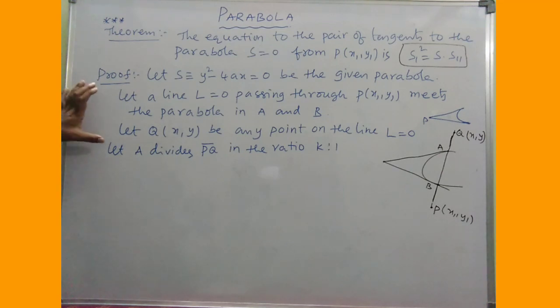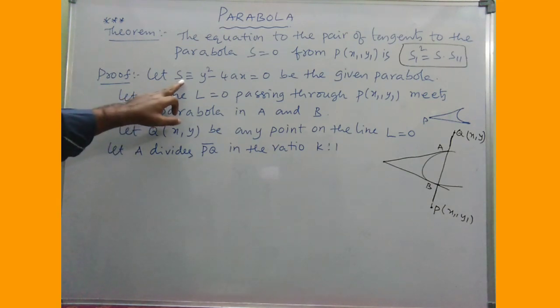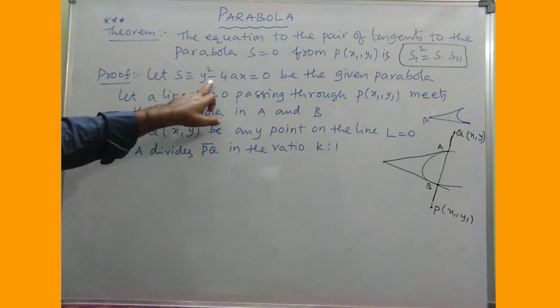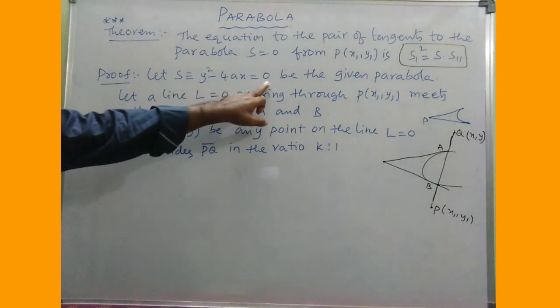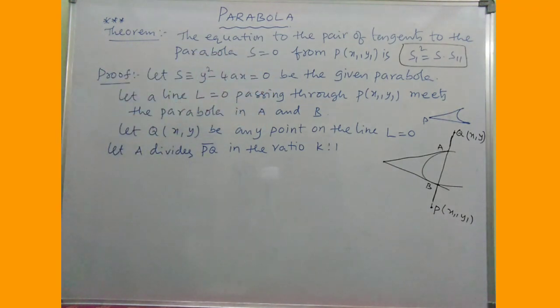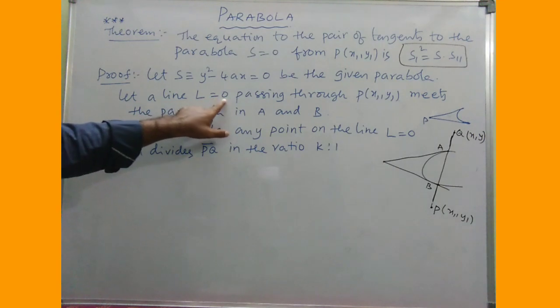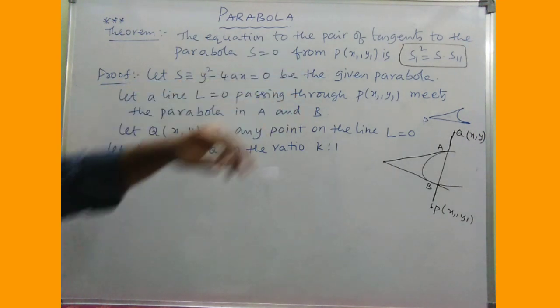Look at the proof. Let S, which is nothing but y square minus 4ax equals 0, be the given parabola. Let a line L equals 0 pass through P(x1, y1).